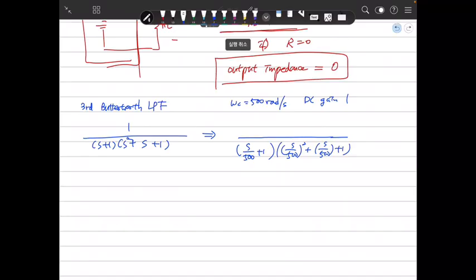So that is 500 s plus 1 and s squared plus s plus 1, and 1.